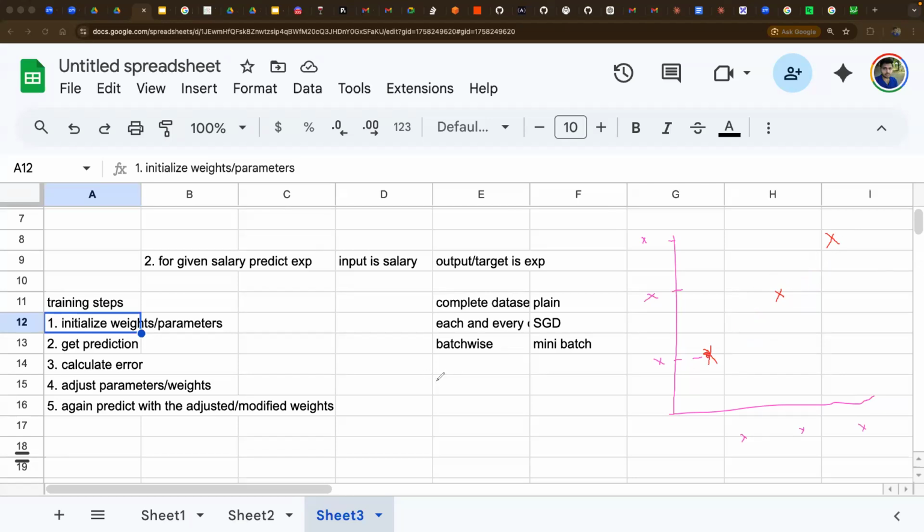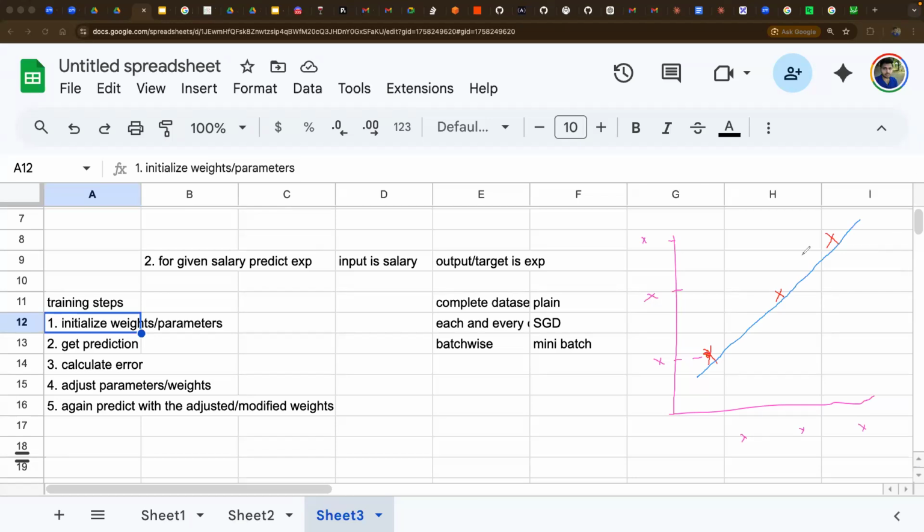So ultimately, when I say we are building a machine learning model, I need to come up with a line which is hugging the data set closely as much as possible.